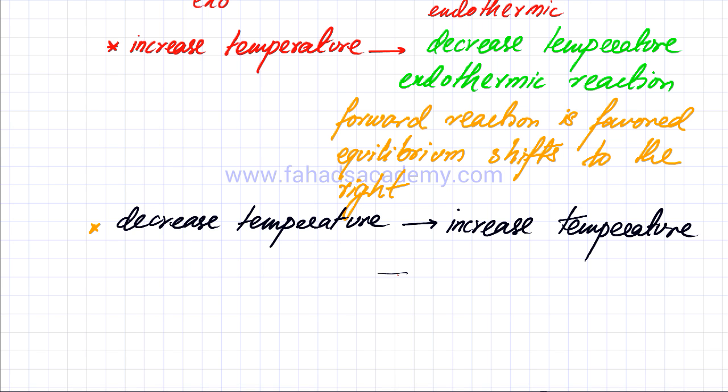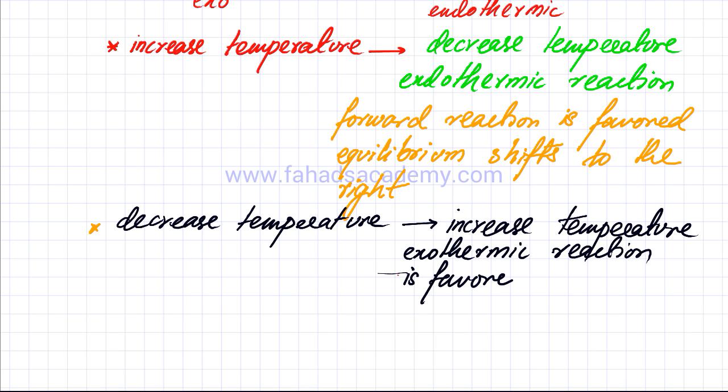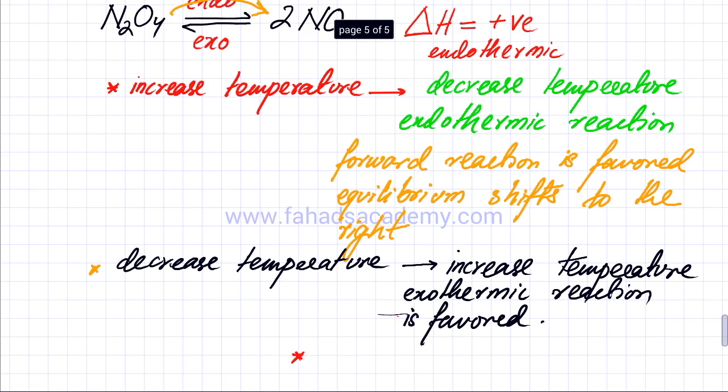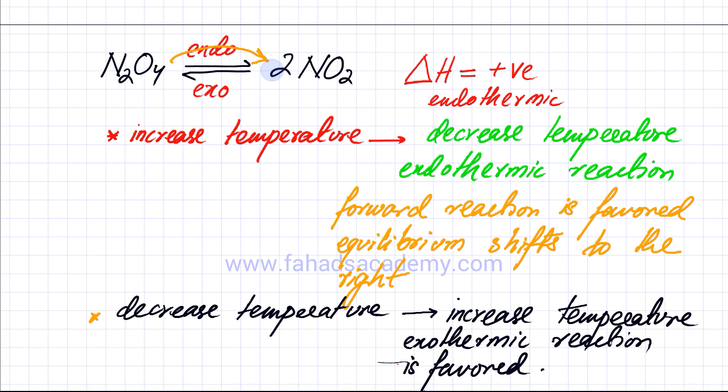And if you remember the rule that we studied previously, if you decrease temperature, then the exothermic reaction would be favored, which in our case happens to be the backward reaction. Let's go back to our equation. So the backward reaction would be favored.